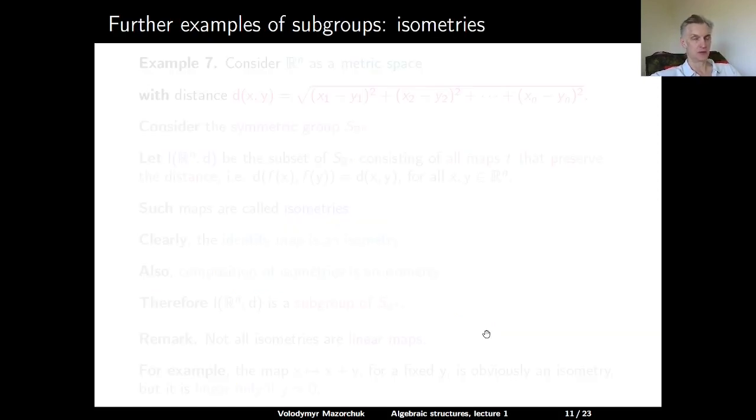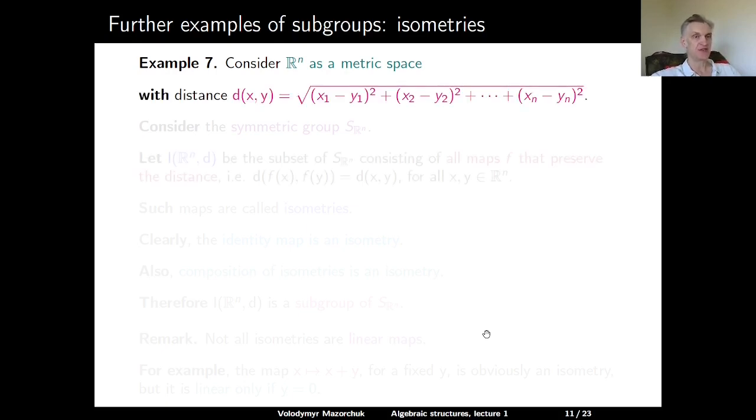Here is a more complicated example. Consider R^n as a metric space in which the metric, the distance between two points x and y, is given as follows. It's the square root of (x1 minus y1) squared plus (x2 minus y2) squared plus and so on. Consider the symmetric group S on the set R^n.